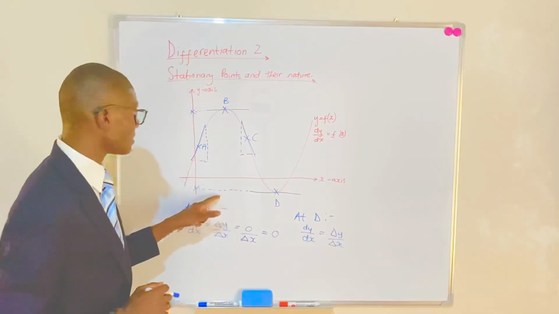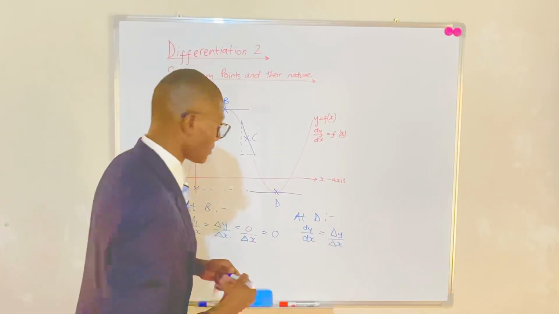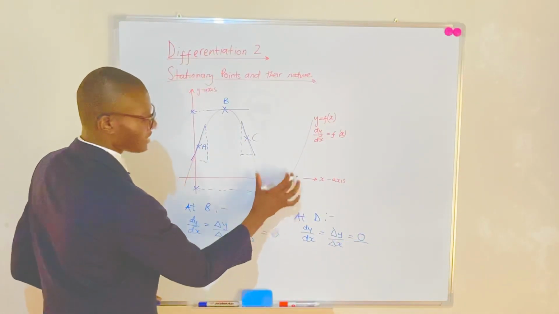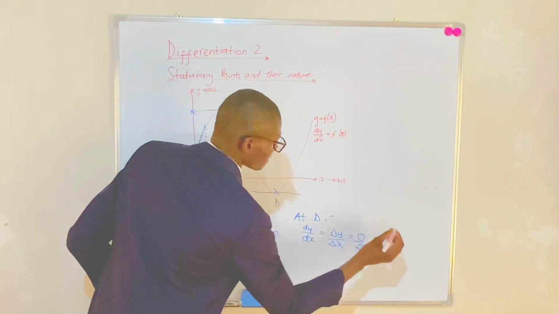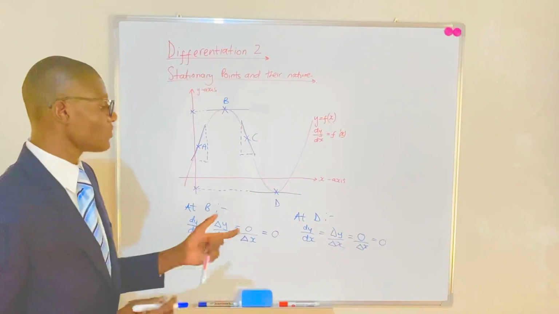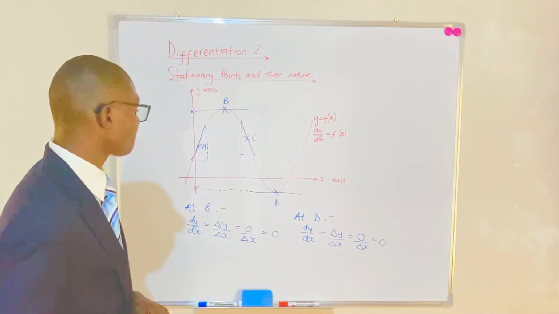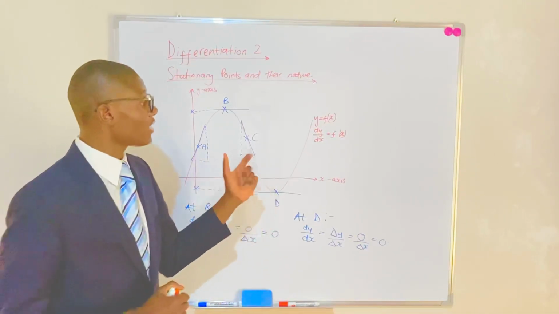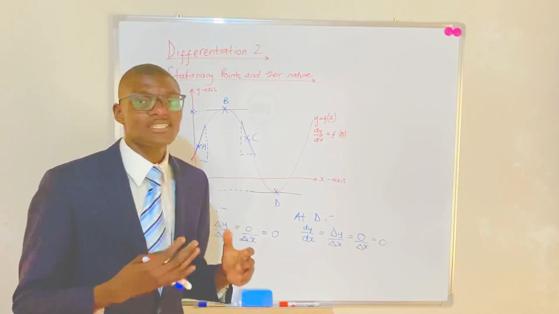So the change in y will be equal to 0 over whatever change in x that we decide to have, and this will still give us a 0. So what do we see from these two points, B and D? At points B and D, the gradient of the curve y is equal to f of x is equal to 0.